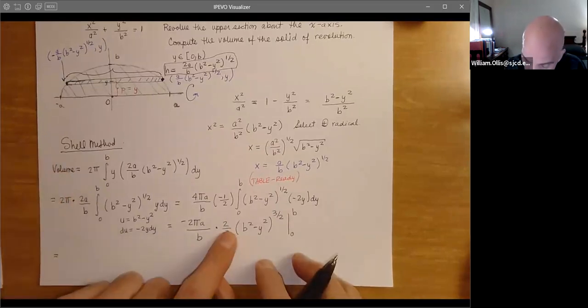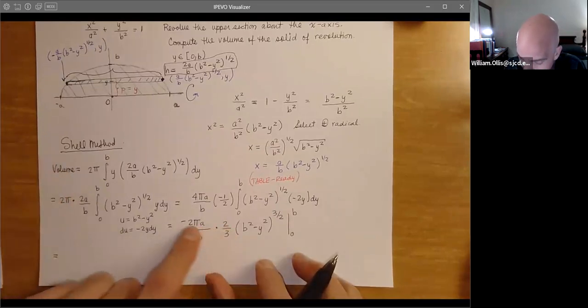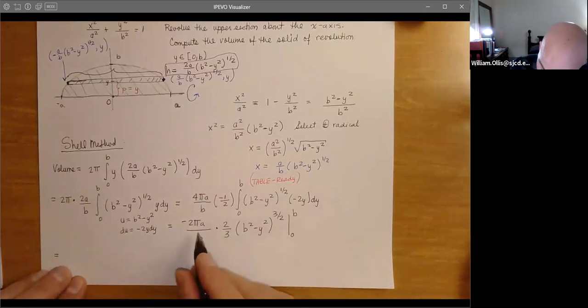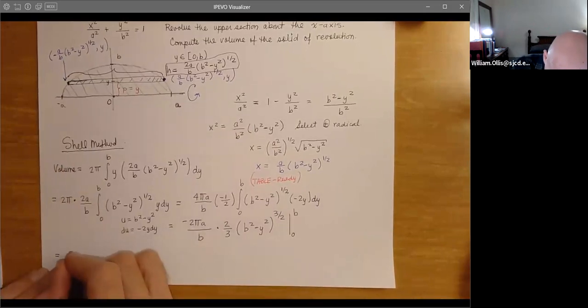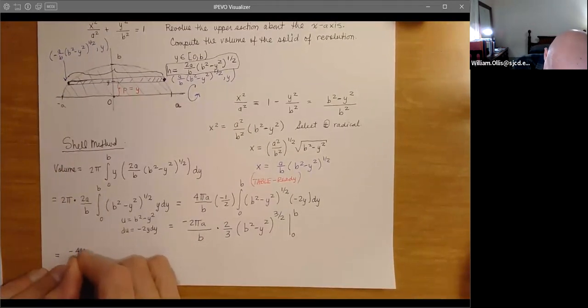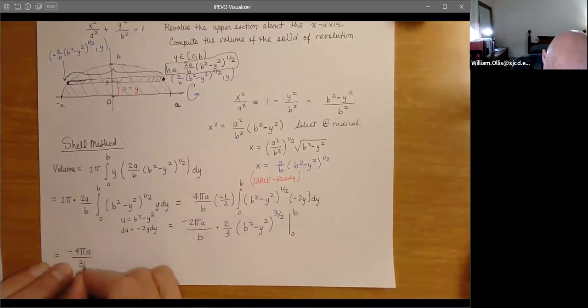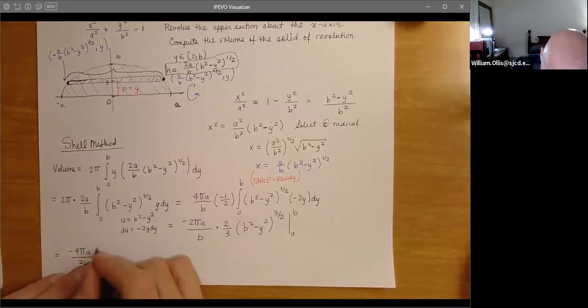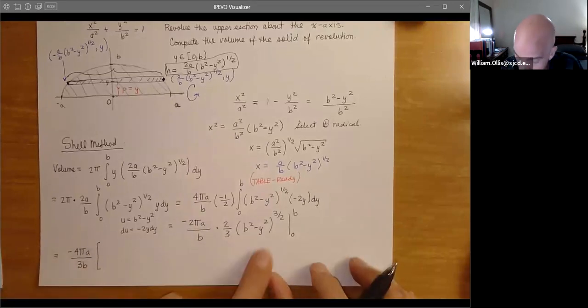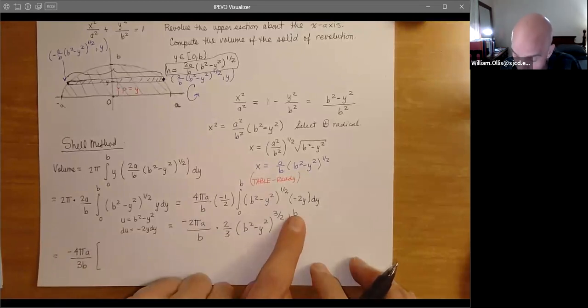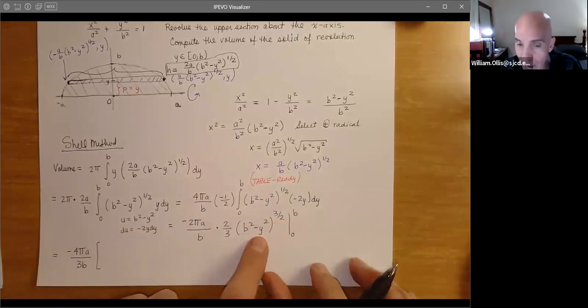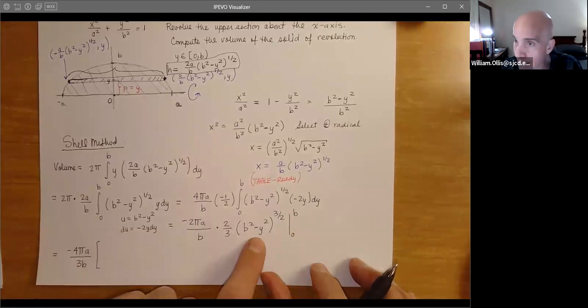So notice here, we have the negative, we'll get the 4 back, the negative 4a pi, or negative 4 pi a. And then, of course, dividing by 3b, just keeping track of all the numbers. And now, for our upper limit, of course, if we replace the y with the b, we get the b squared minus the b squared.